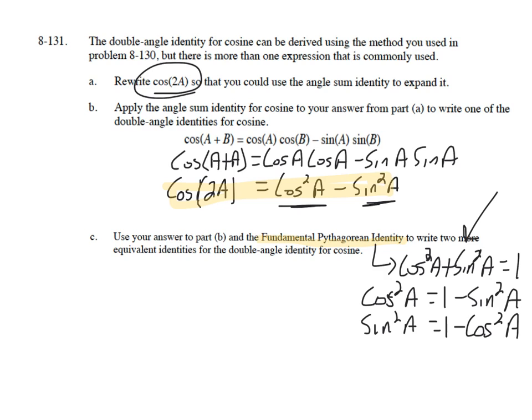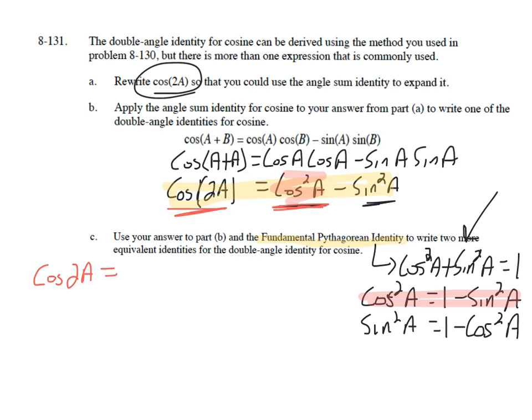So let's take this first statement, and I'm going to replace my cosine squared up here with 1 minus sine squared. So my new statement would be cosine of 2a. I started out with this equals.